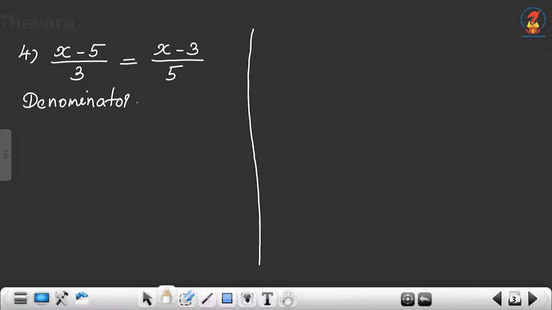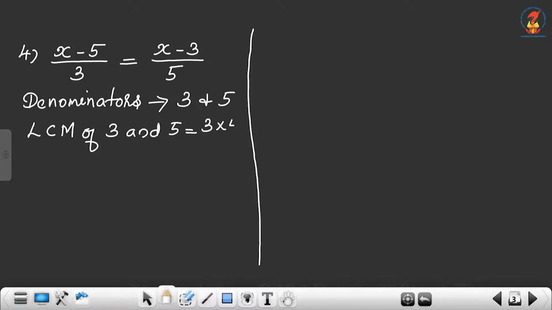Then the first step is to find the LCM. Therefore, the LCM of 3 and 5. What is the LCM of 3 and 5? It is 3 into 5, which is equal to 15. So we got the LCM.